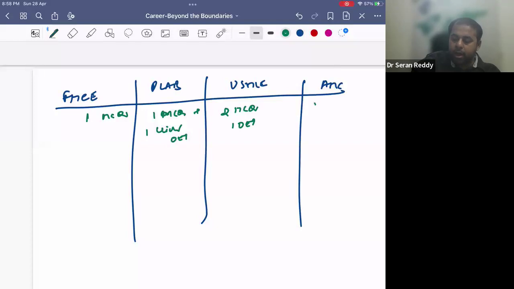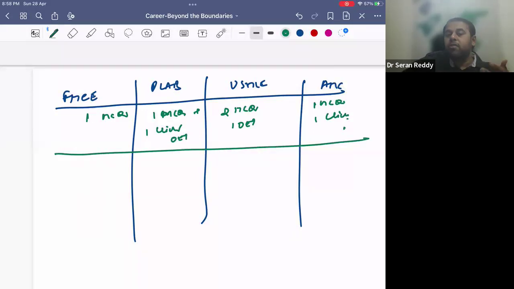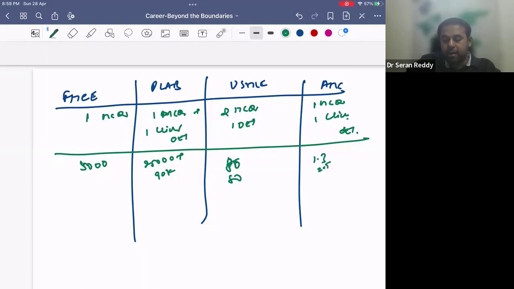AMC has one MCQ examination and one clinical examination, and at the end you might have OET too. And examination fee wise, it is close to 5,000 for FMG, and for the others it will be around 25,000 plus 90K, close to 75, 80 plus 80, and it comes up to close to 1.3 to 2.5 lakhs.